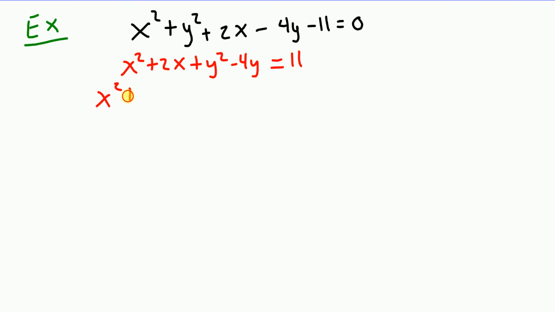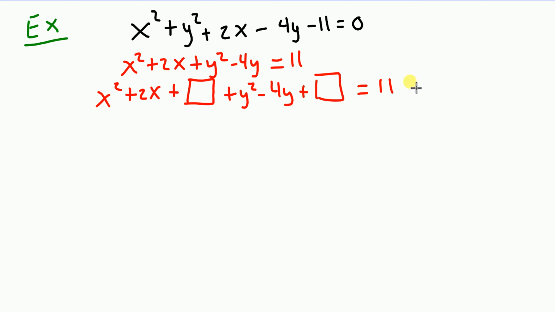x squared plus 2x plus a box, plus y squared minus 4y plus a box, equals 11 plus 2 boxes. Okay? So, completing the square, we do our parentheses, bring down our variable.